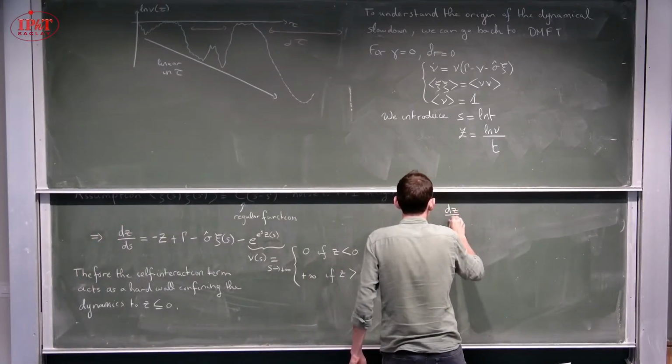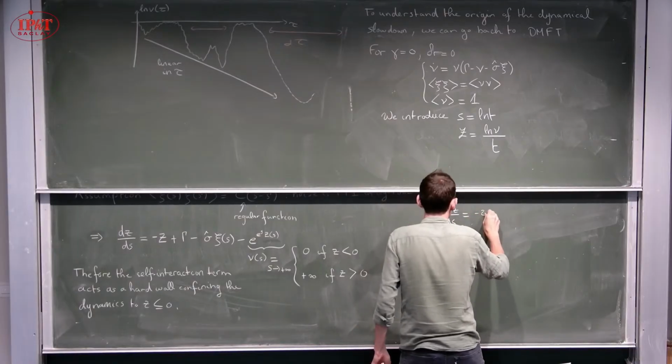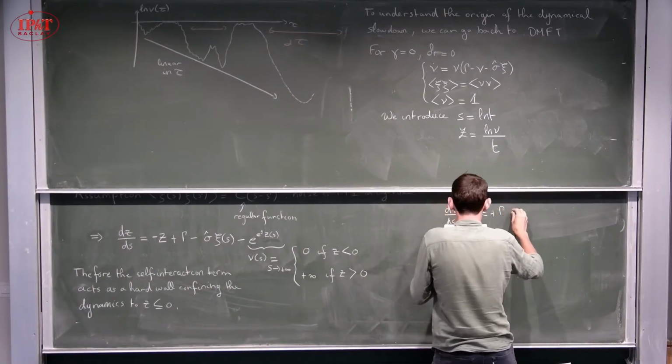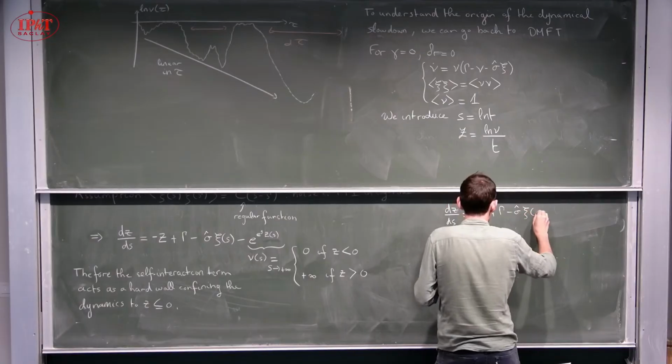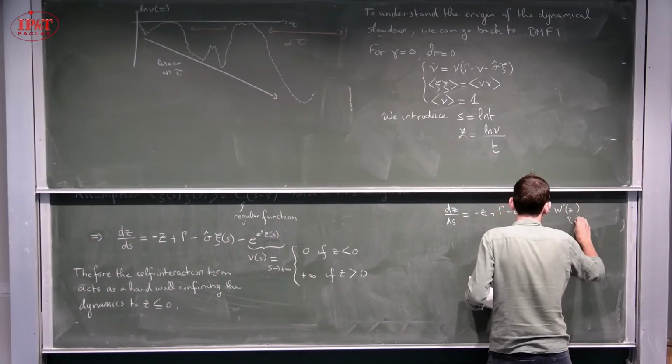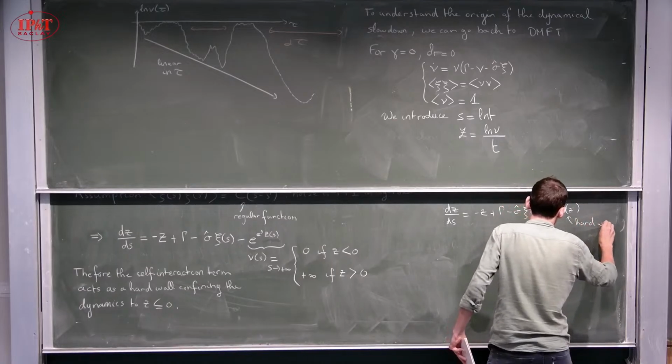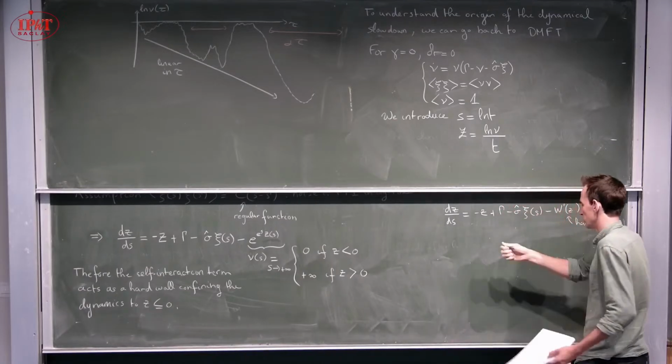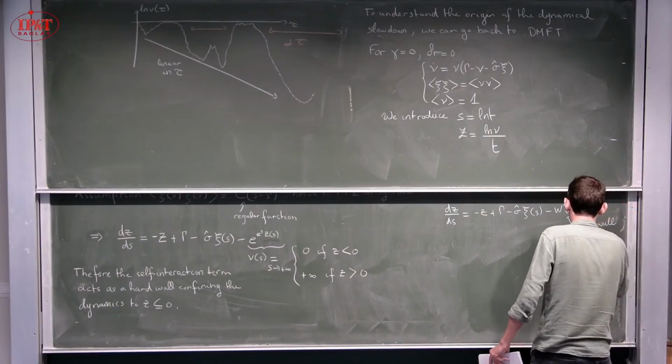And you get dz ds is equal to minus z plus gamma minus sigma psi of s, minus the hard wall, in the language of Langevin equations, what I would call a hard wall potential.